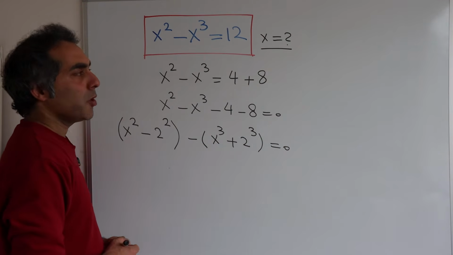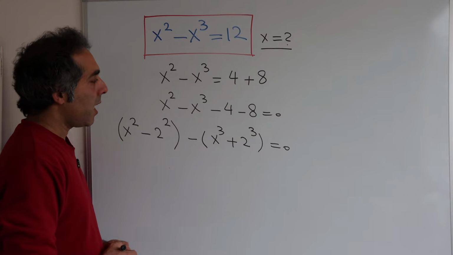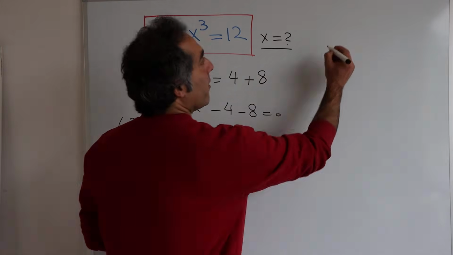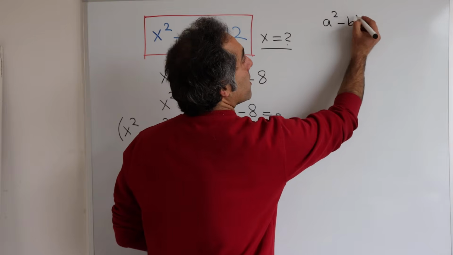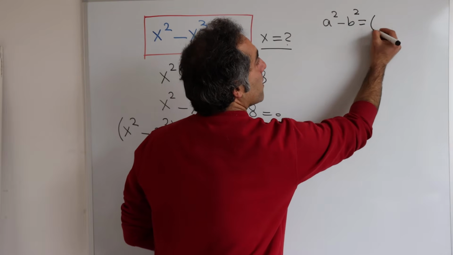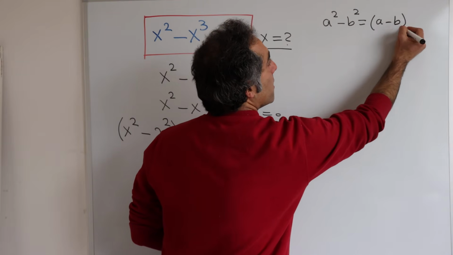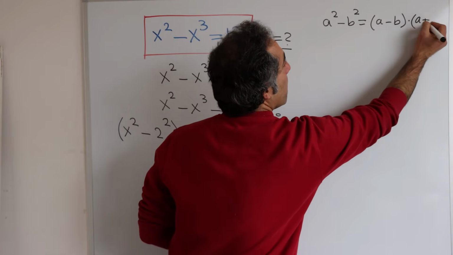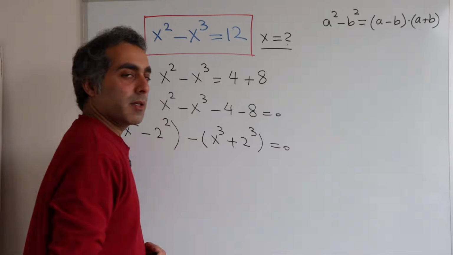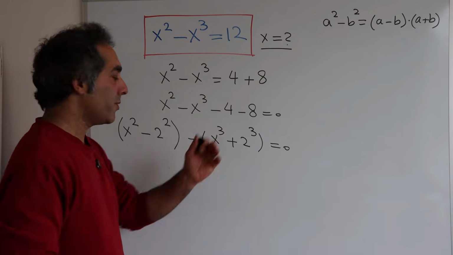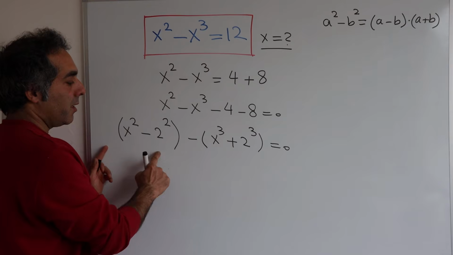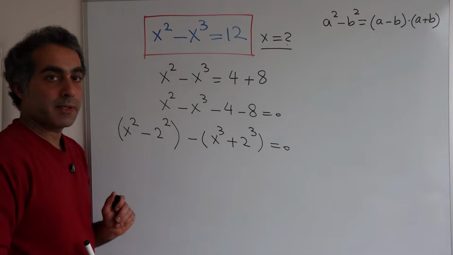But maybe you remember from the math identities, when a squared minus b squared is a minus b times a plus b. It's a famous math identity we can use for the first parenthesis.